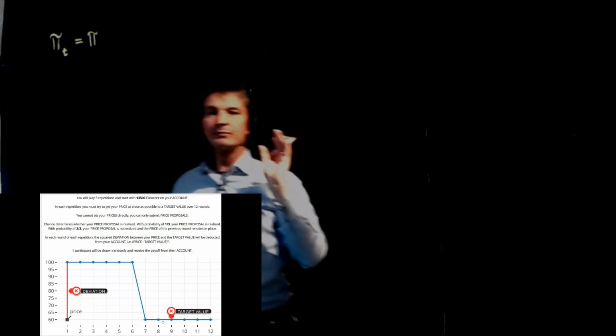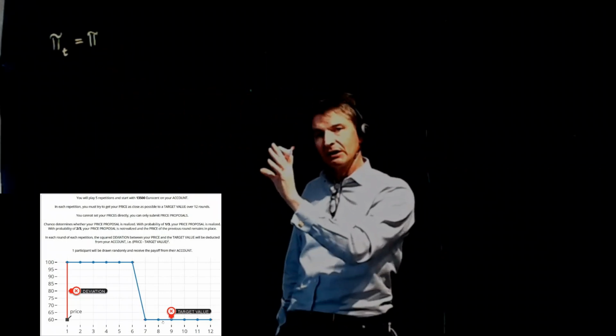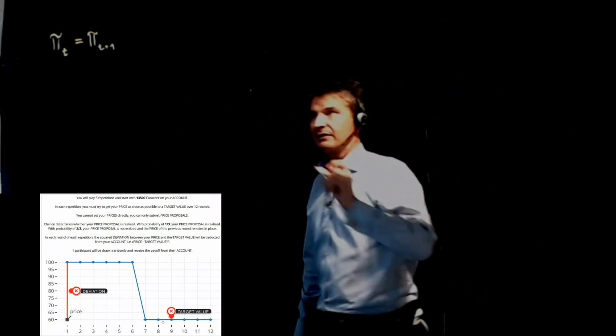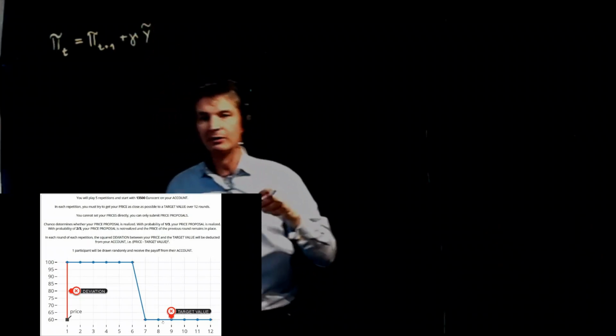But this time it's not the lagged inflation, it's future inflation, so in round or year t plus 1, plus some parameter gamma times the output gap, which you hopefully know already from the other video.